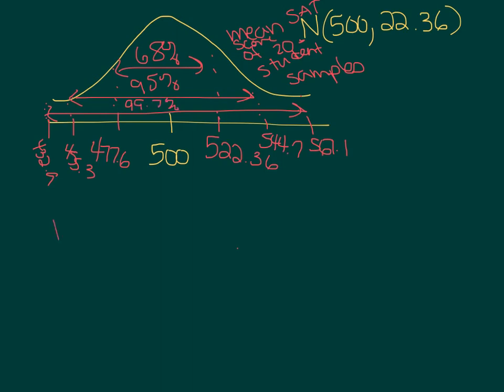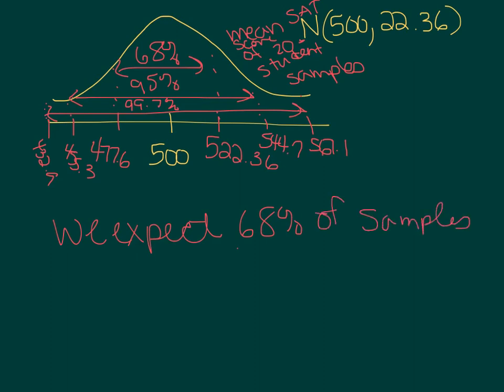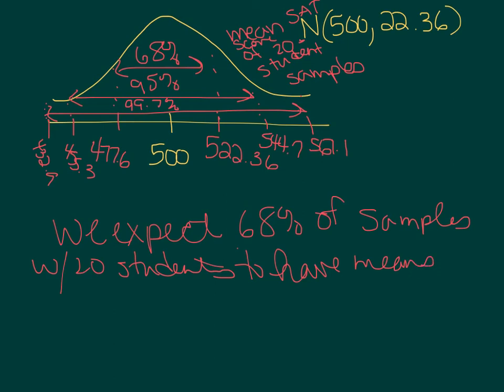So I would say something like, we expect 68% of samples with 20 students to have means between 477.6 and 522.36, and then do the same thing for 95% and 99.7%.